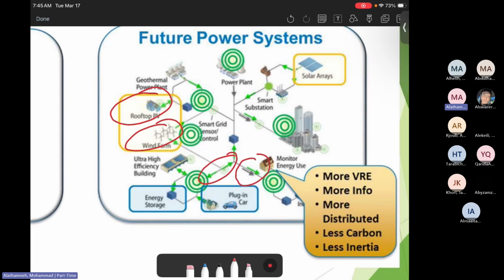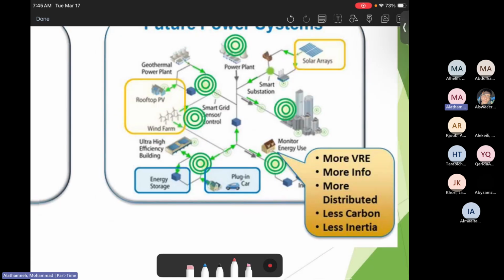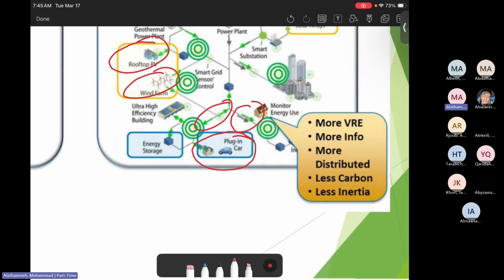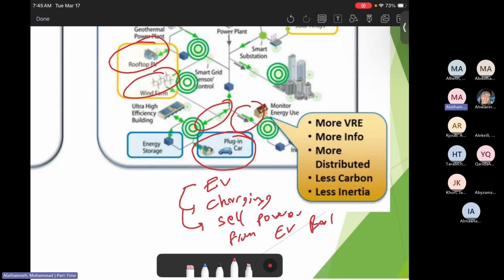The other thing is electric vehicle technology. Your EV starts charging electricity, and sometimes in the future, the power company can have the option to make it discharge, or to sell power from your EV battery to the grid. Why are we doing this?